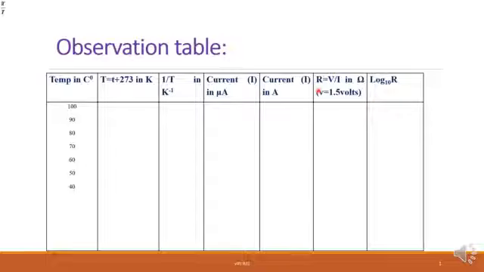According to Ohm's law, R is equal to V by I. Here V is voltage. In our experiment, our battery is 1.5 volts, and I is the current in amperes. We substitute V and I values, we get the capital R values here, and finally we calculate the log R values here. In this observation table we consider 1 by T and log R values.